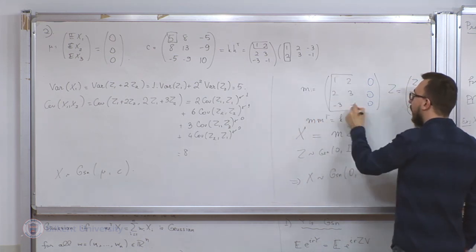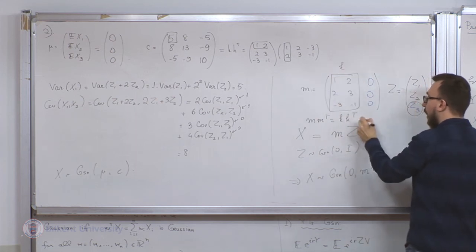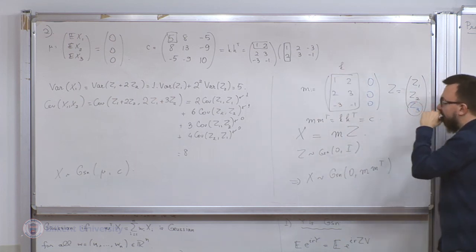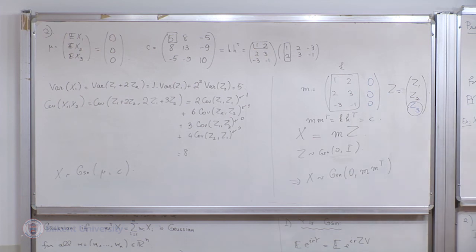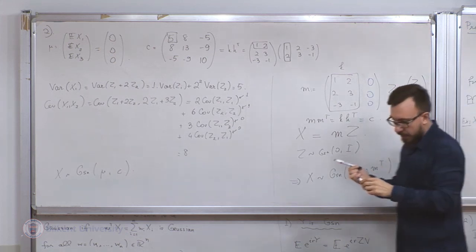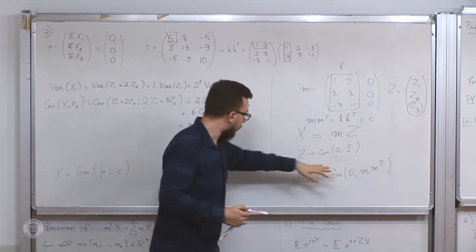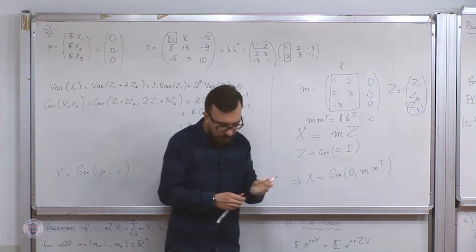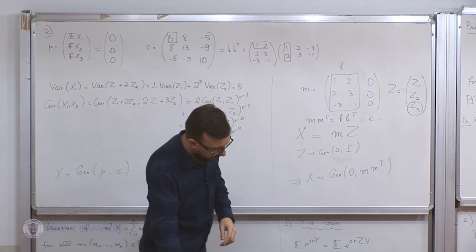So M M transpose is equal to K K transpose. So this part was K. And this is equal to C, the covariance matrix. And you can even shift it by some mean vector mu, and that's not going to change the covariance, it's just going to change the mean vector.